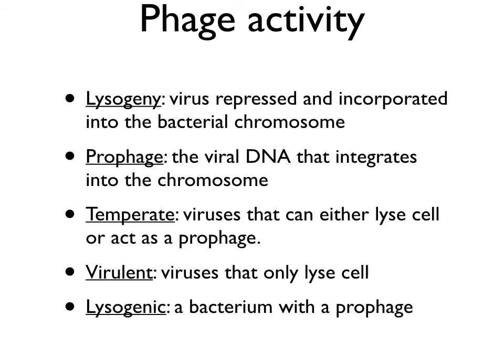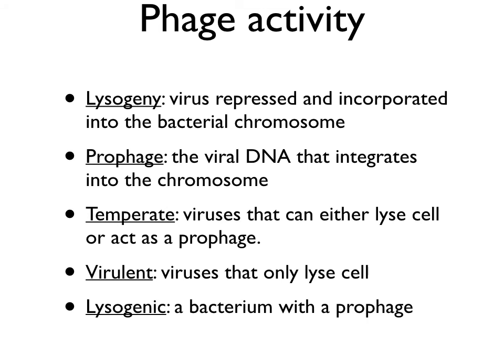It basically goes in there, incorporates itself into the bacterial chromosome, and hangs out. Okay? It might be a bit of a sleeping giant, but it is hanging out there for the moment, not doing anything. A prophage refers to that viral DNA that integrates into the chromosome.